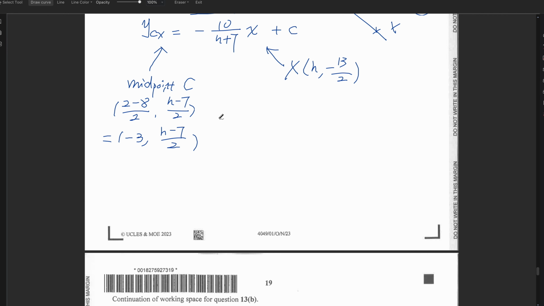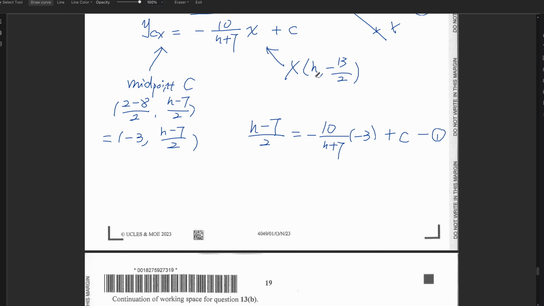Now we can substitute back into this function. y is (h minus 7) divided by 2 when my x is -3. So when you sub in, I get (h minus 7) divided by 2 equals -10 over (h plus 7) times -3, plus c. This is my equation 1.